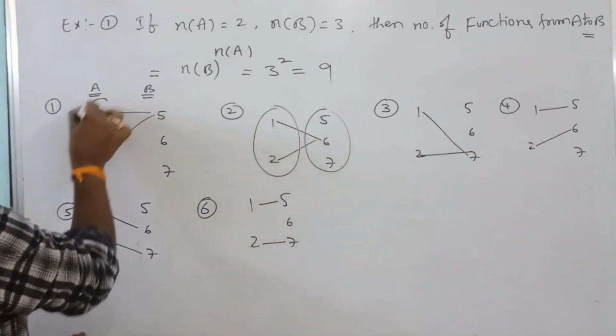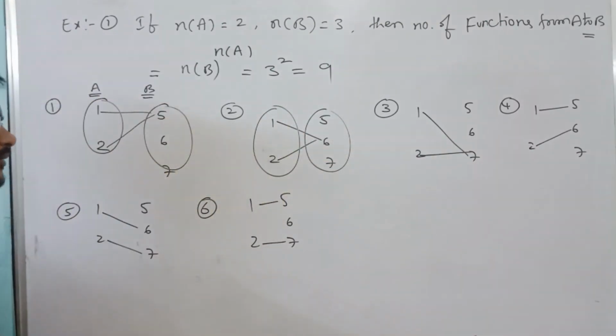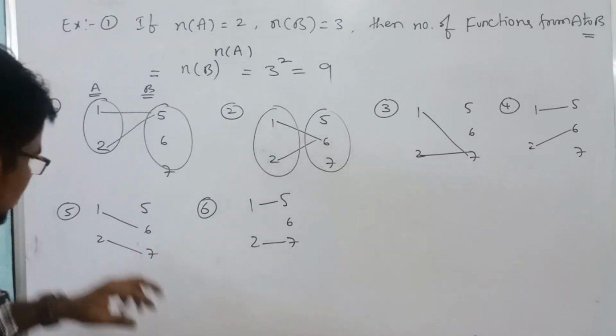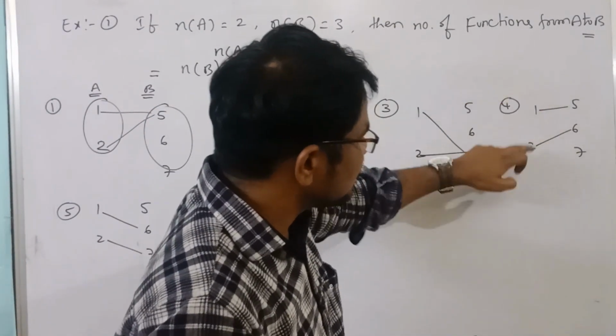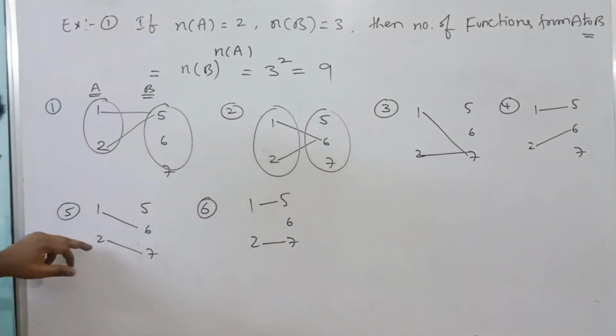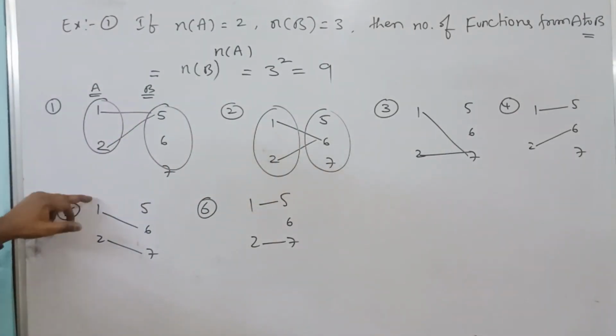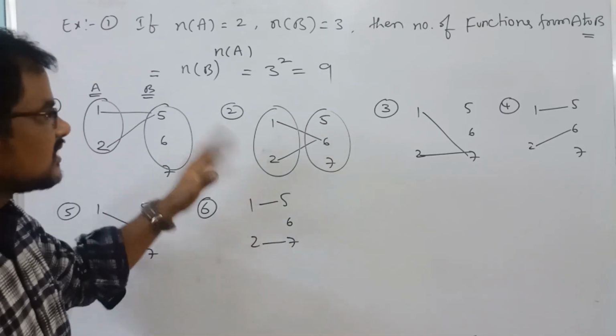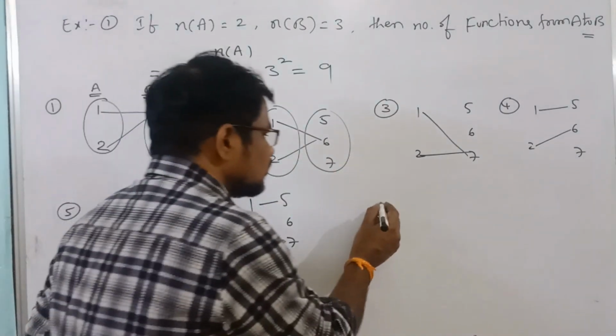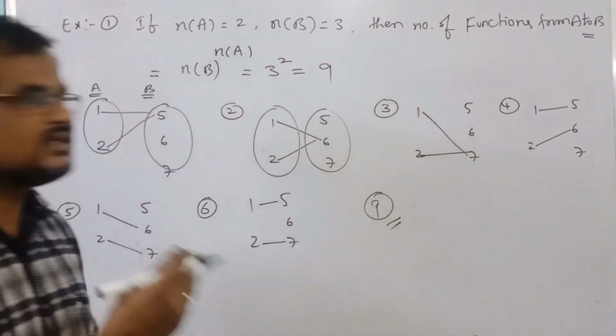Like this, if you take 3 more by interchanging the images, that is 6 plus 3, total how many are there? 9. Like this we will find.